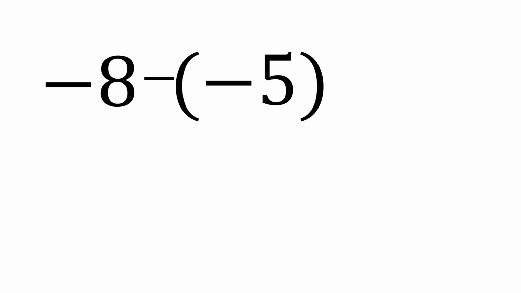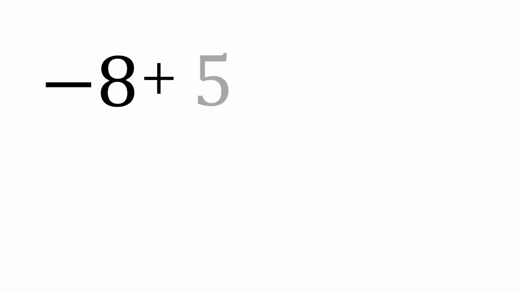We have the second example in the previous slide. It was negative 8 minus negative 5. So let's follow the first step in subtracting integers. We keep, change the operation, and change the sign of the subtrahend. Then follow the operation for adding integers.